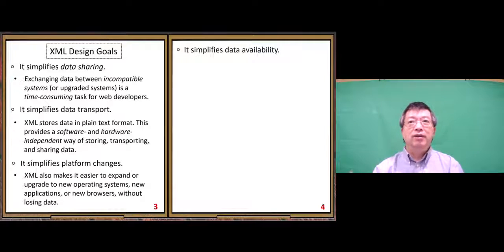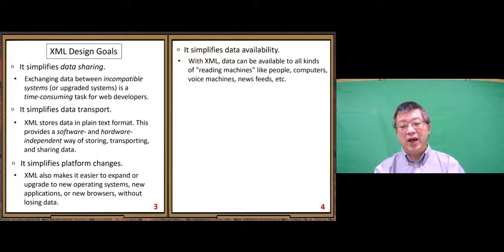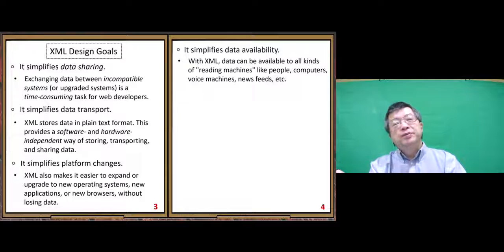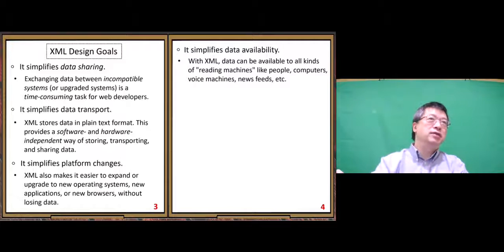Make data available, data availability. What's the meaning of that? With XML, data can be available to all kinds of reading machines, like people, computers, voice machines, news feeds, etc. A lot of things can support this format easily. That's something I like.